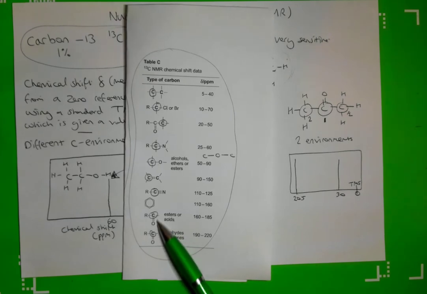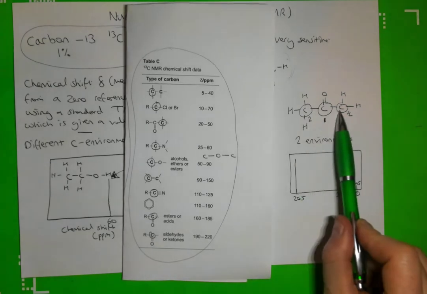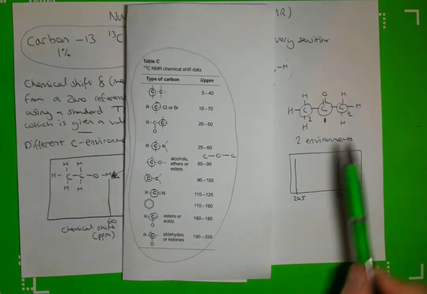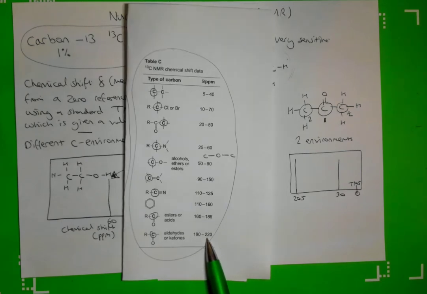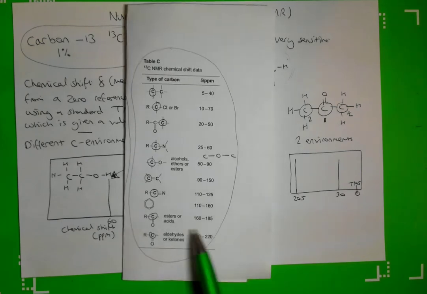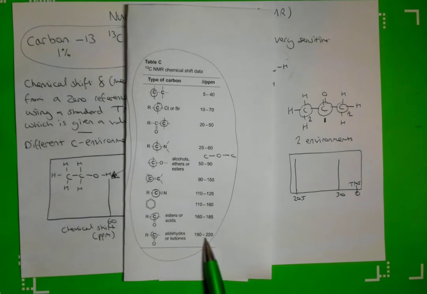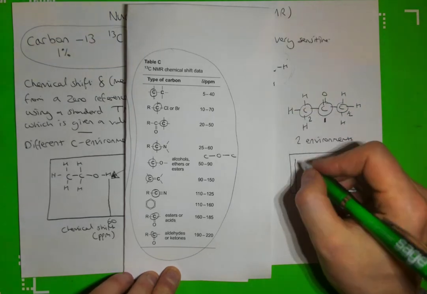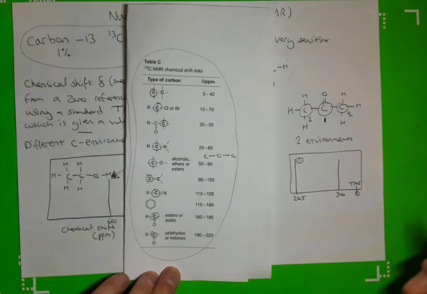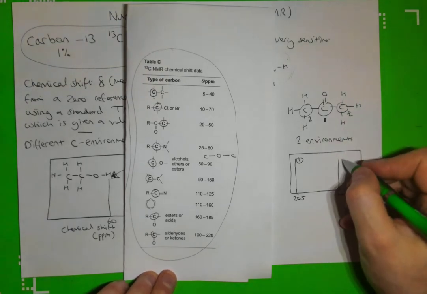Now we know that it is a ketone, and that's because the value is 205. Now 205 is between those 2 values there. So it can't be an ester or an acid, it must be a ketone. So it's this one here. So this value here is for environment number 1. And so this one must be environment number 2.